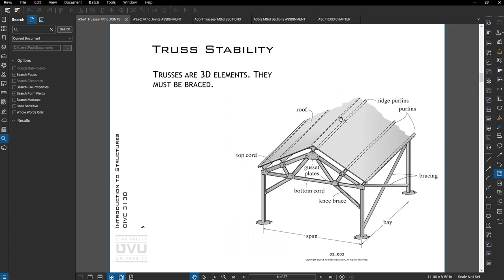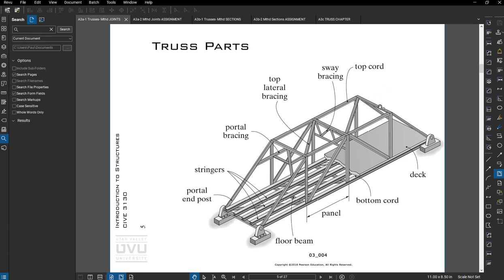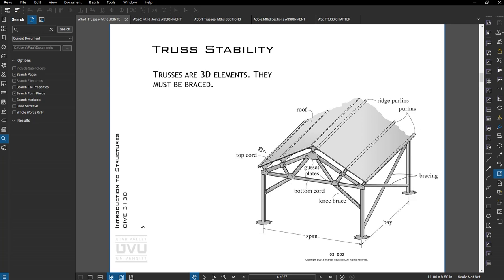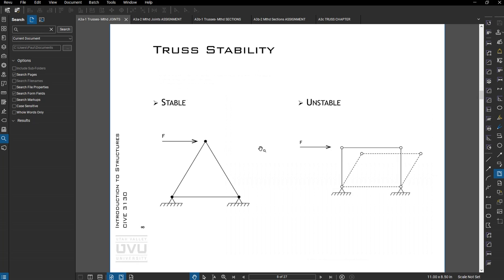So looking at this, let's say this plane of the truss tried to tip over this way. It would be resisted by these diagonals in this member, which would then transmit those forces to this portal frame, and that's what keeps everything from tipping over. Kind of cool stuff.